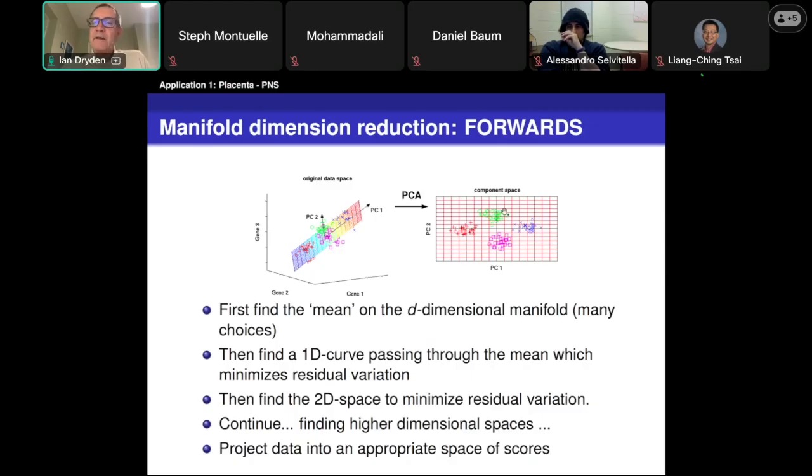In this case, we just project down to 2 PCs to look at the scores. So it's a forwards approach: find the mean, then the first PC, then the second, which gives you a 2D space, and then the third gives you a 3D space, and continue like that. That's the traditional method, which has been around for nearly 100 years.